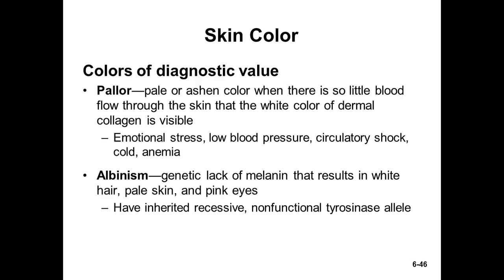It's a recessive gene. You have a non-functional tyrosinase allele. Tyrosinase is the enzyme responsible for producing the melanin from the amino acid tyrosine, which albinos lack, which means they cannot produce melanin, because tyrosine is responsible for the production of melanin.